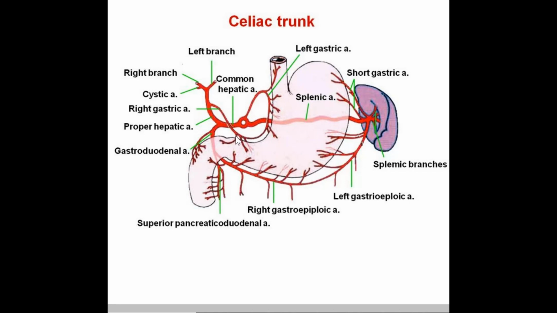On the lesser curvature, we have the left gastric artery, which is coming from the celiac trunk directly, and we have the right gastric artery, which is coming from the proper hepatic artery, a branch of the common hepatic artery, a branch of the celiac trunk. And finally, we have the short gastric artery.